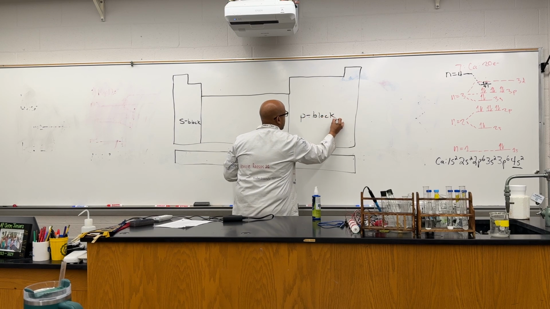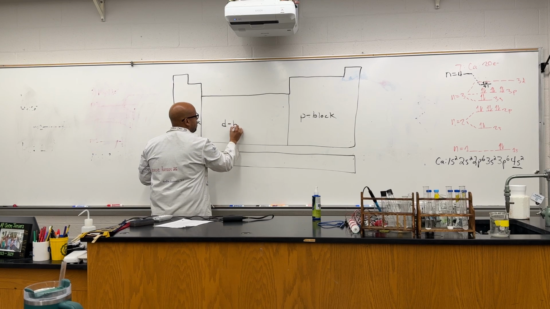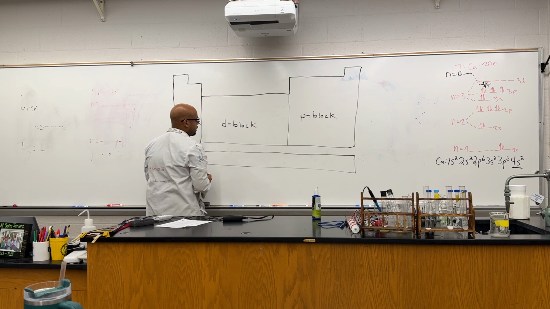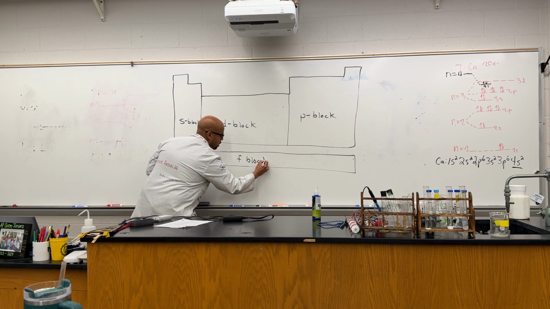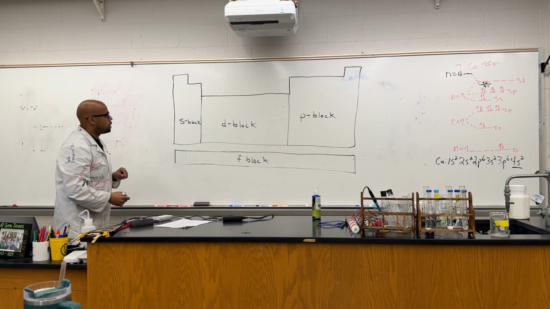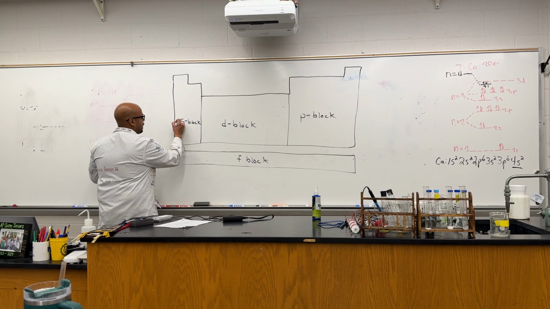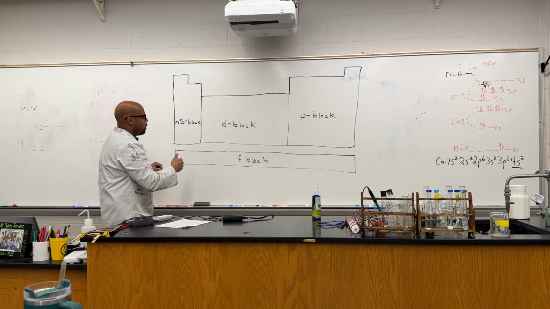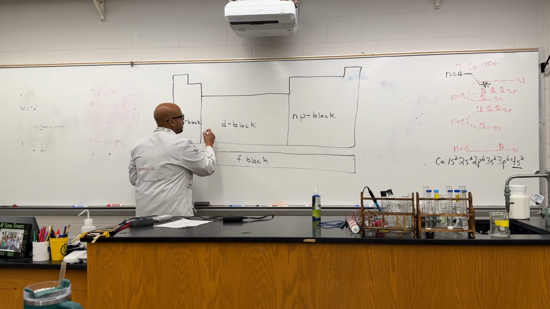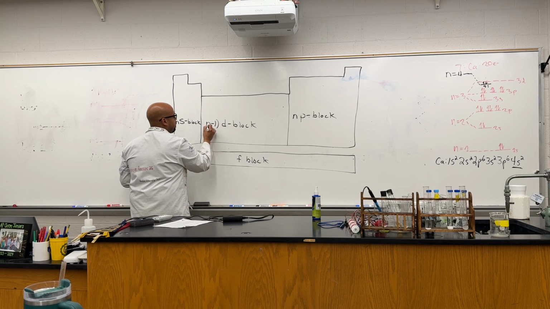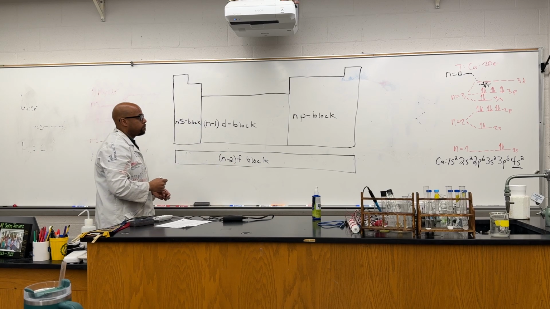We've got the d block, and then we have the f block. Now, I'm going to put an n in front of the s here. I'll explain why that n is sitting there. An n in front of the p as well, an n minus 1 in front of the d, and an n minus 2 in front of the f.